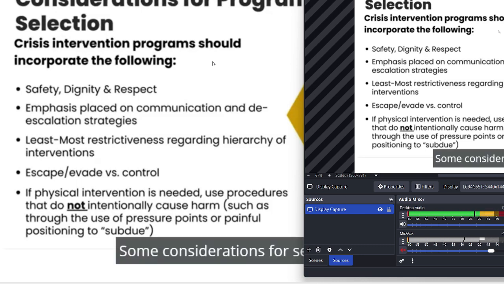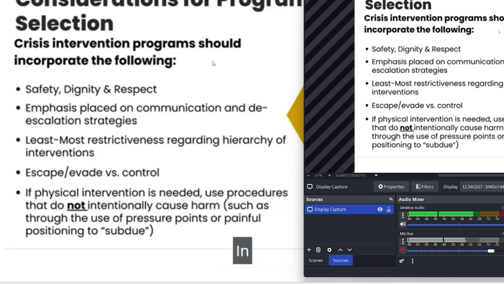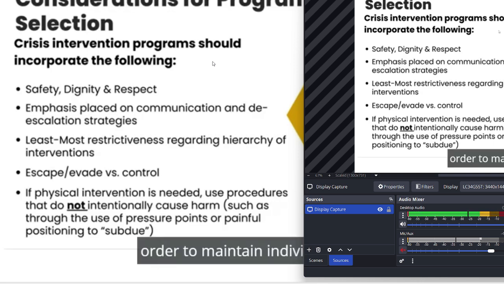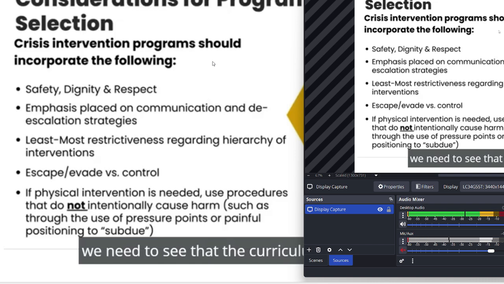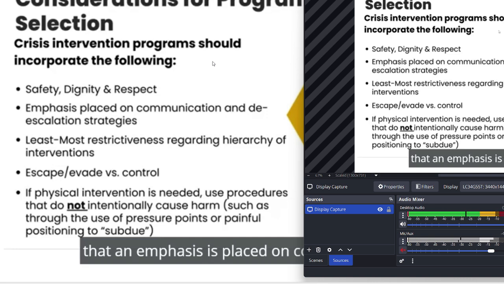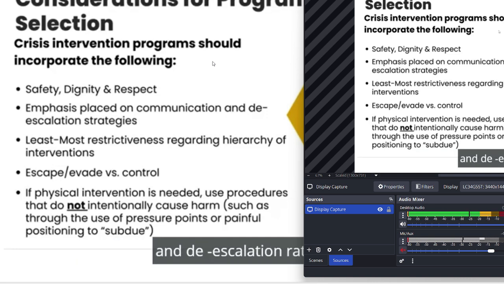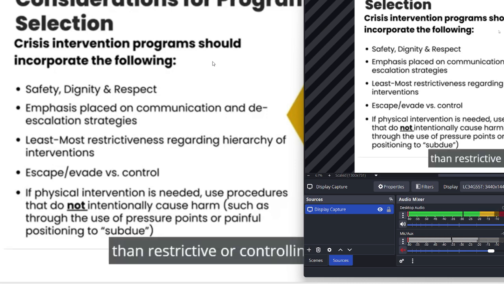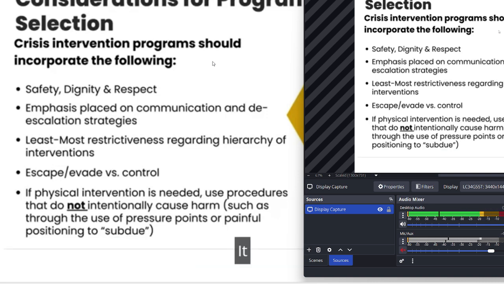Some considerations for selecting a curriculum or crisis intervention program. In order to maintain individuals' rights and to do no harm, we need to see that the curriculum focuses on safety, dignity, and respect of the individual, and that an emphasis is placed on communication and de-escalation rather than restrictive or controlling types of interventions.